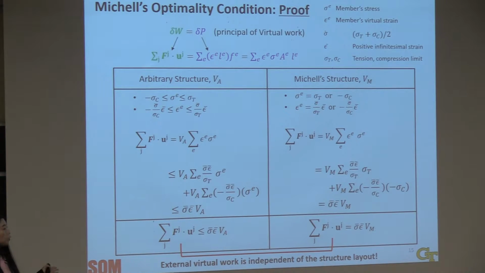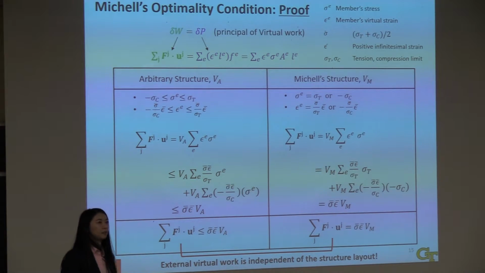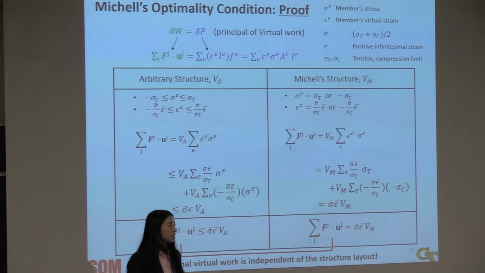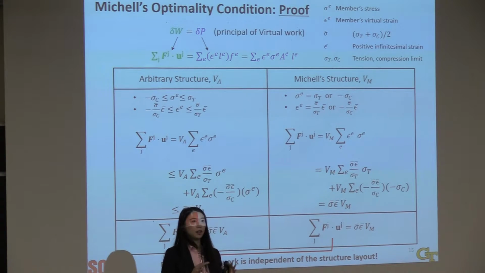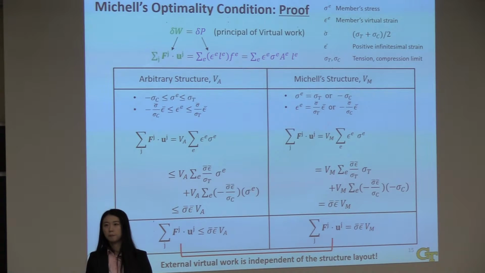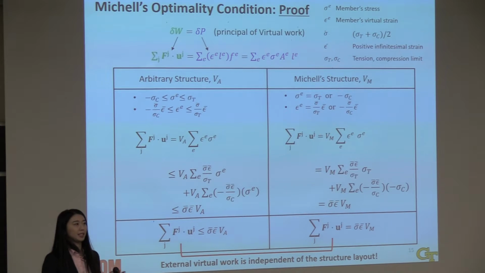In this proof, I used the principle of virtual work. I'm sure that you learned this before in your class. I just briefly stated that if the structure is externally statically determinate, then for a set of forces, your external virtual work is equal to your internal virtual work.